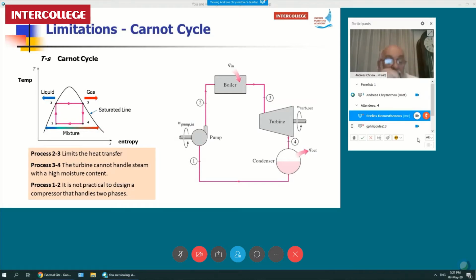As you can see from here, having looked at it in the TS diagram, we can definitely see some problems with the theoretical Carnot cycle. Here we can see how it is represented on the TS diagram, and here on the right-hand side an actual system in which such a cycle is implemented.